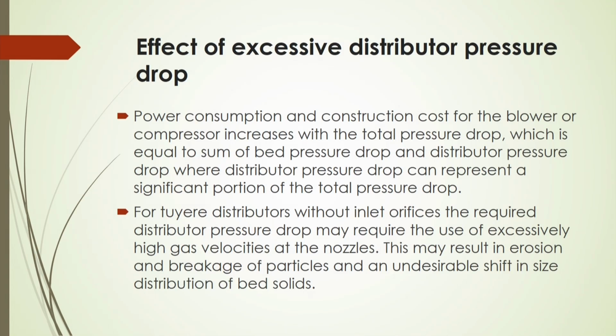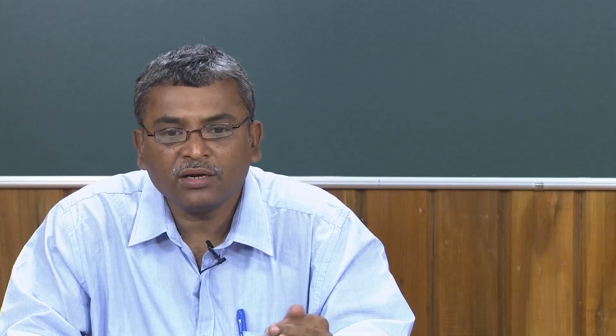Now, the distributor pressure drop can represent a significant portion of the total pressure drop. For tuyere distributors without inlet orifices, the required distributor pressure drop may require excessively high gas velocities at the nozzles.